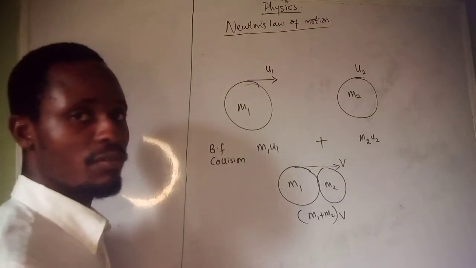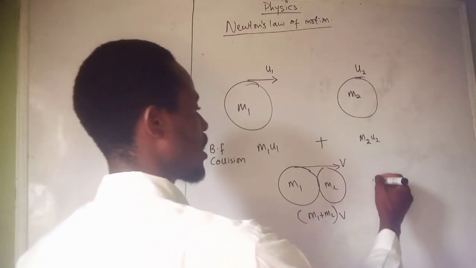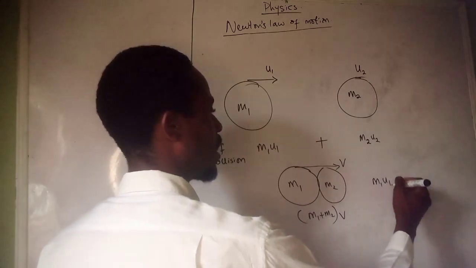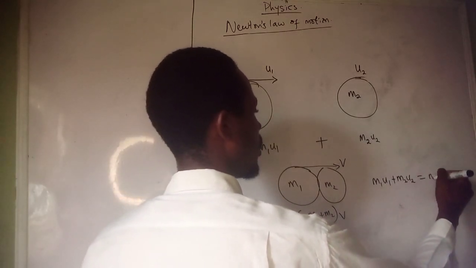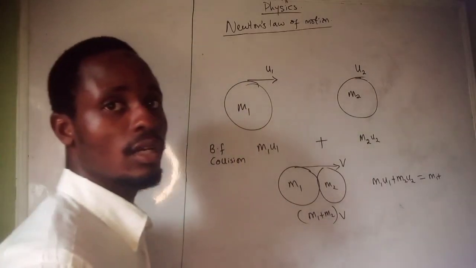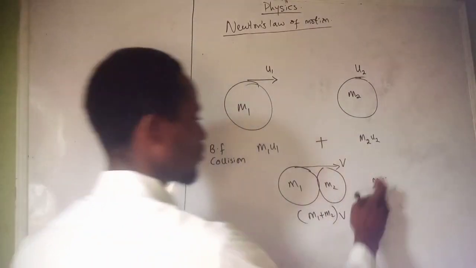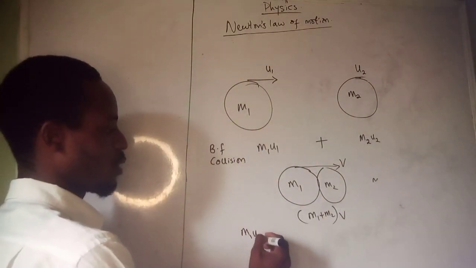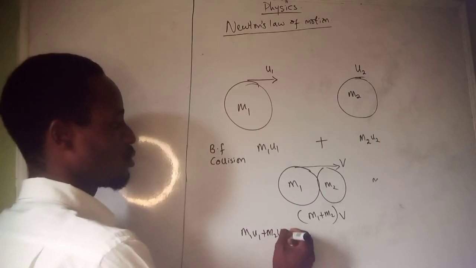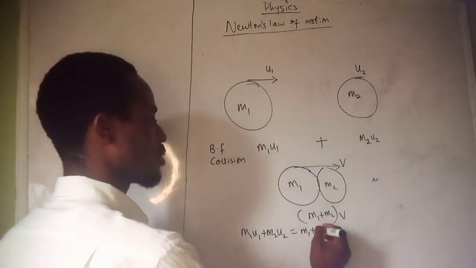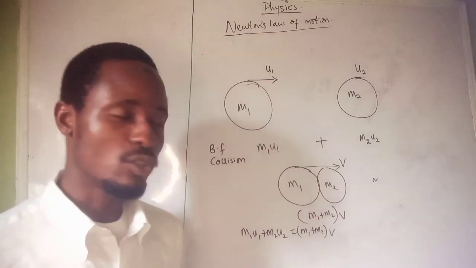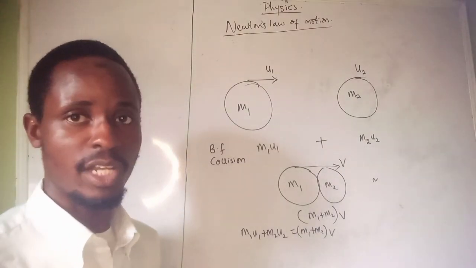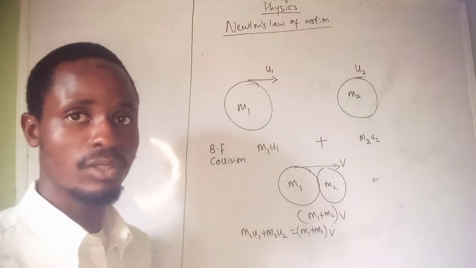So what the law of conservation of linear momentum is trying to tell us is that m1u1 plus m2u2 equals (m1 plus m2) into v. That is what the law of conservation of linear momentum is talking about.